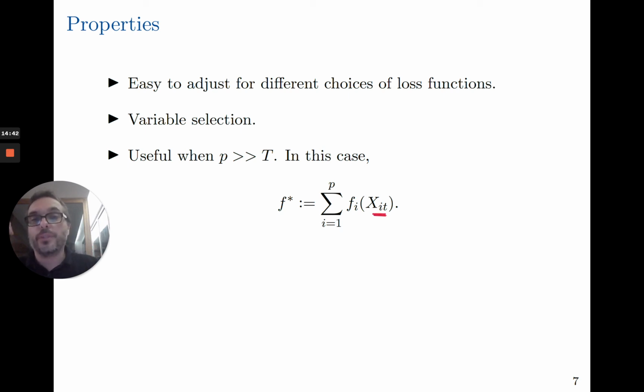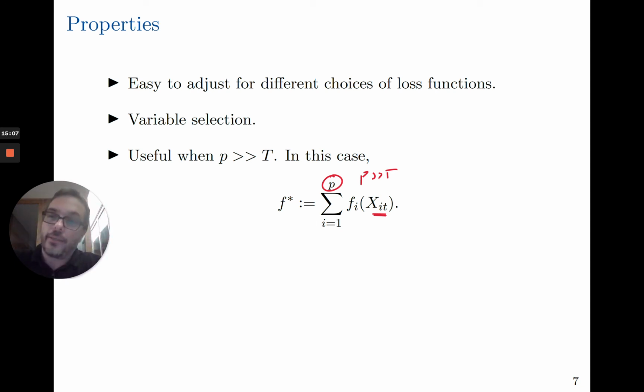So, if we have p much larger than t, we can define individual functions for each regressor, so no interactions here. But of course, you can make it more complicated by making interactions, but that's an idea. We are going to look into that when we move to nonlinear models, okay?